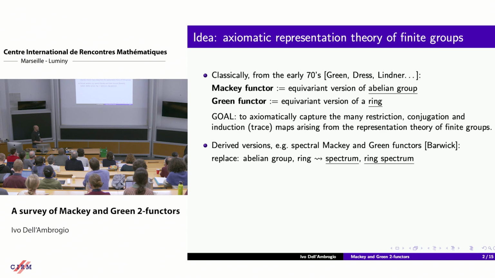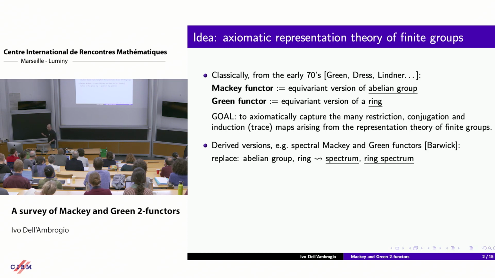Now, since then, many versions of these notions have arisen and have been used. I should mention some derived version. In particular, the spectral Mackey functors and also spectral Green functors, in the sense of Clark Barwick and his many collaborators. That's because one of the sources of Mackey and Green functors is topology, or equivariant topology.